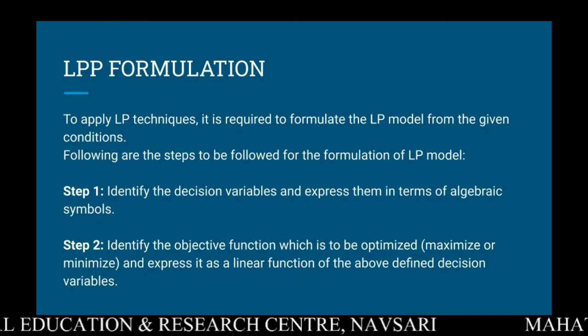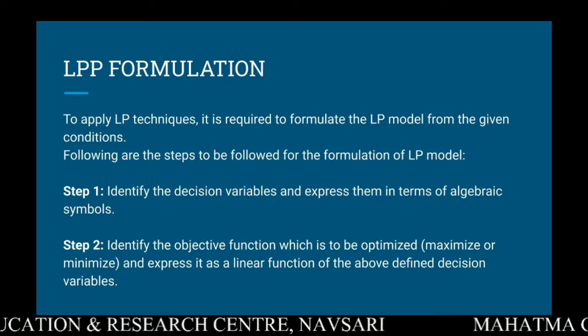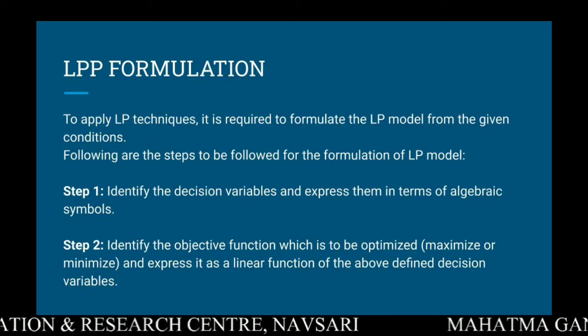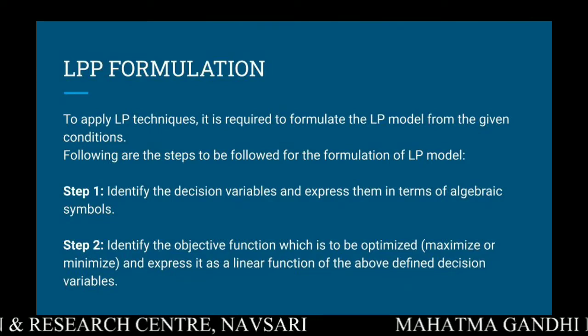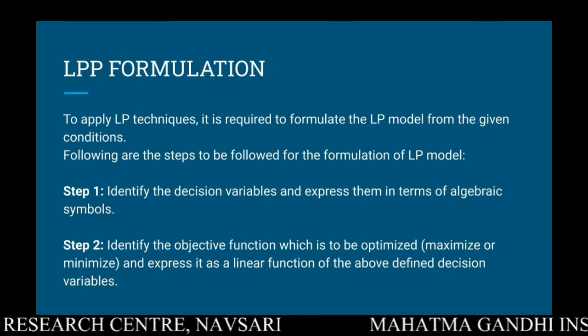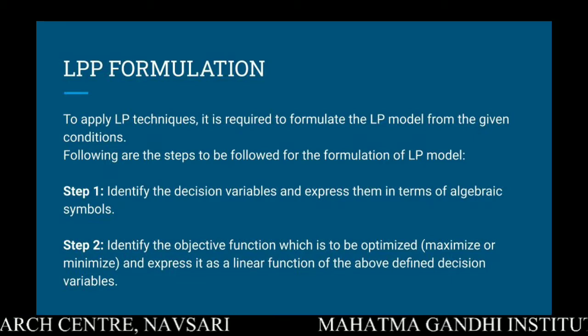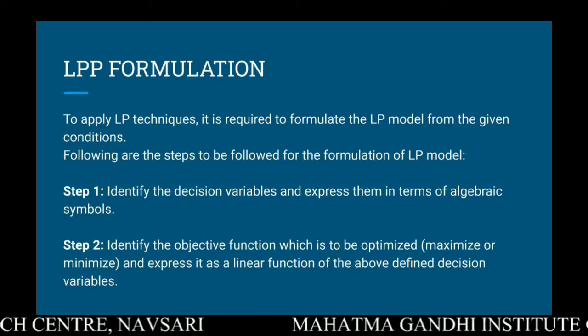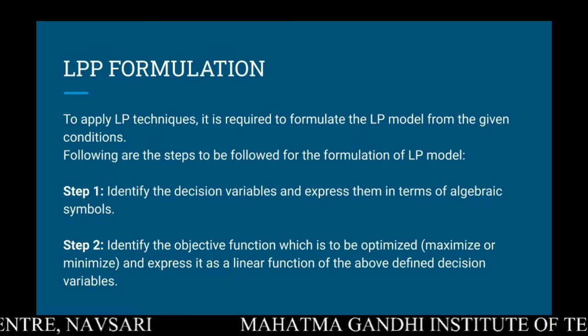Either you are going for profit, then you have to maximize it, and you have to convert it into decision variable form, whatever the symbol you use. Later on you will learn this clearly in the example. So express it as a linear function of the above defined decision variables. That is step number 2.